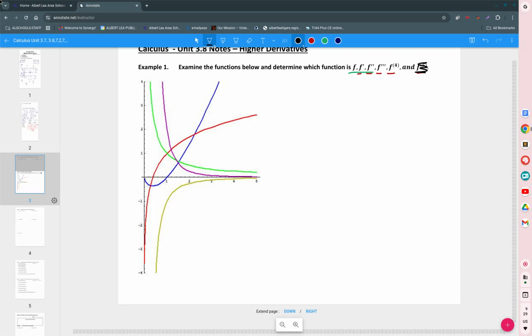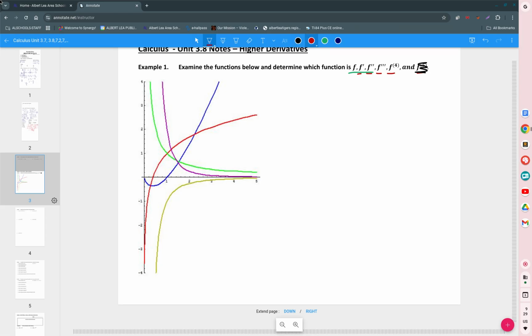She is right that the blue one is the first function. But let's try to come up with a definitive reason why. The blue one is the only one that has a derivative of 0, right? That's not why it's the first one.